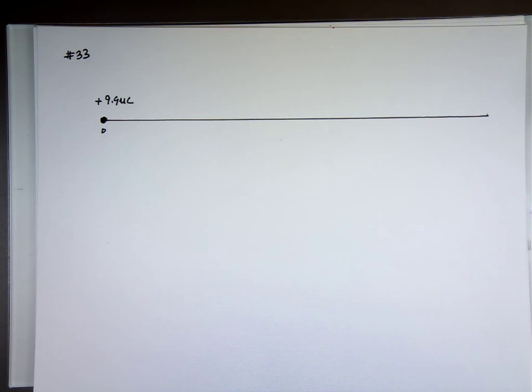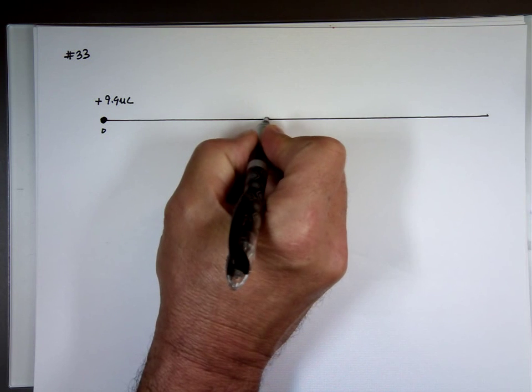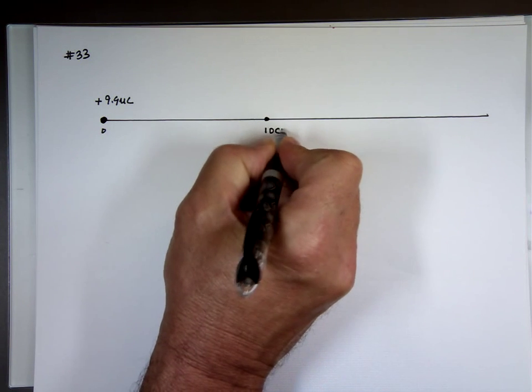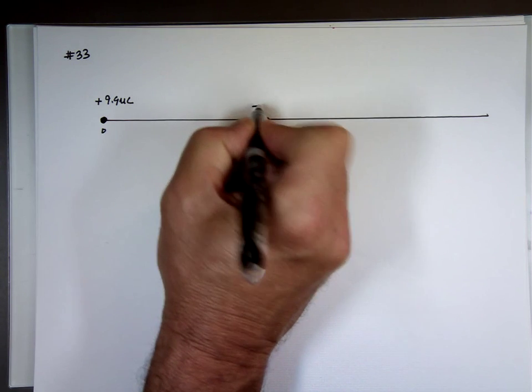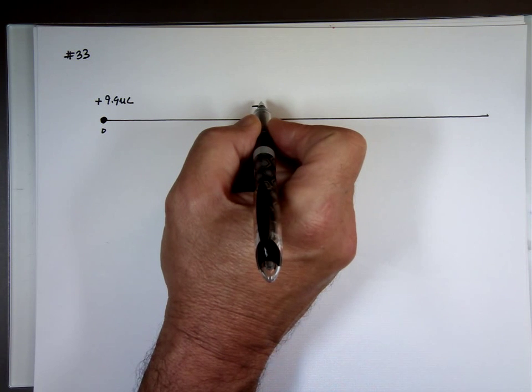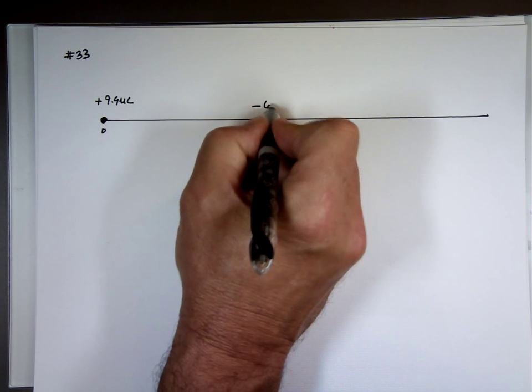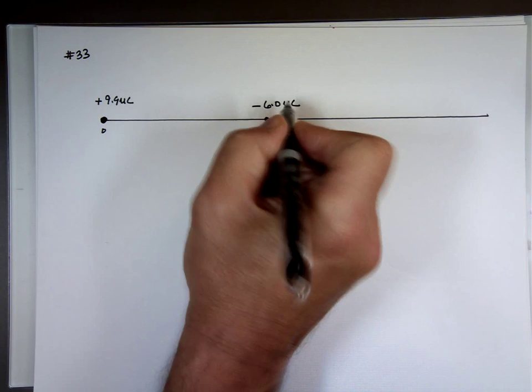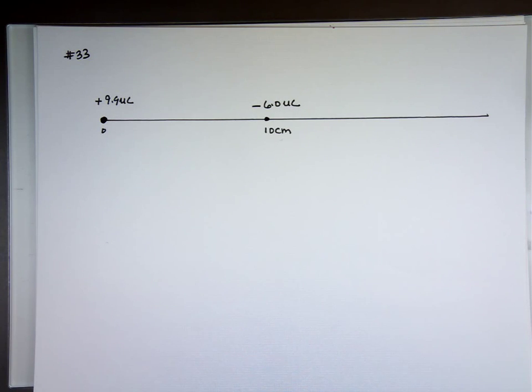So this is the 10 centimeter here, and we put a negative charge, negative 6 microcoulomb charge. At what position x would a third charge, Q3, be in equilibrium?